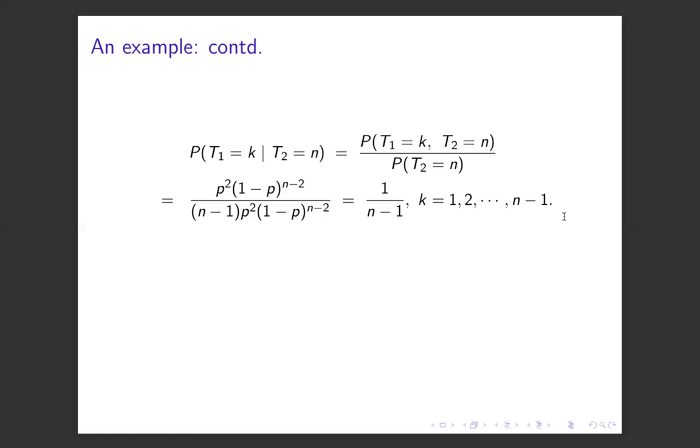It is again fairly intuitive in the sense that if you know that T2 has occurred at the 10th step, then once T1 occurs, the conditions of the experiment remain the same and so on. So the obvious guess would be that the first success would have happened at any of the previous points in an equally probable fashion.